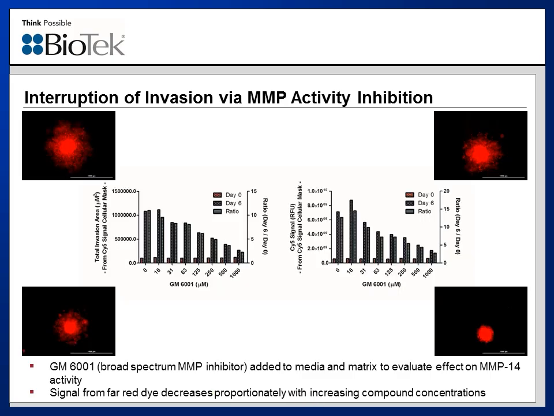The extent of inhibition can then be quantified once again using the same type of analysis procedures that I've mentioned, and confirms again that interruption of invasion as well as an inhibition of MMP14 activity is indeed concentration dependent, as you can see here with a decrease both in the area of the tumoroid that you see the red signal, as well as an actual decrease in the signal captured with the Cy5 imaging cube with increasing concentrations of the GM6001, shown with the decrease in the values in the two graphs.